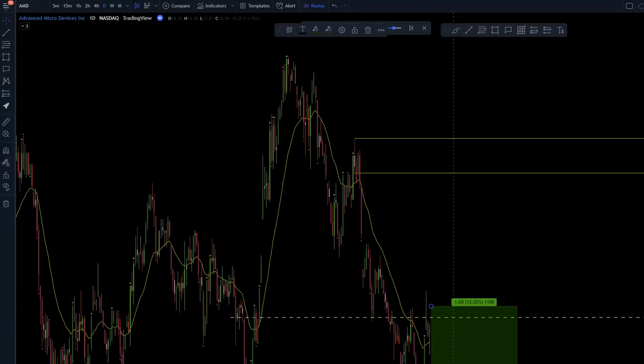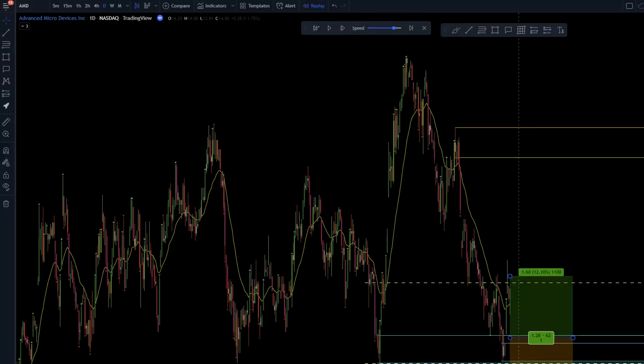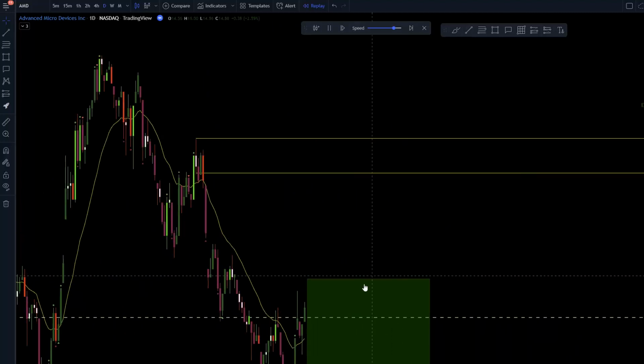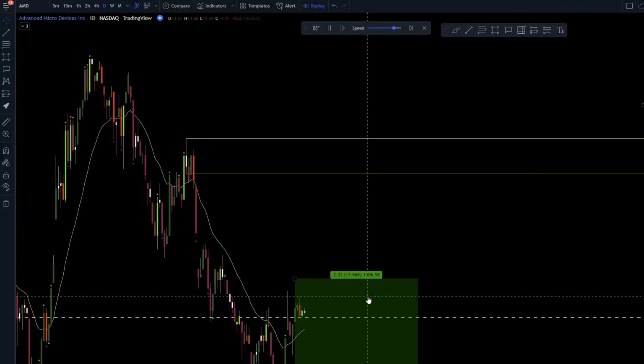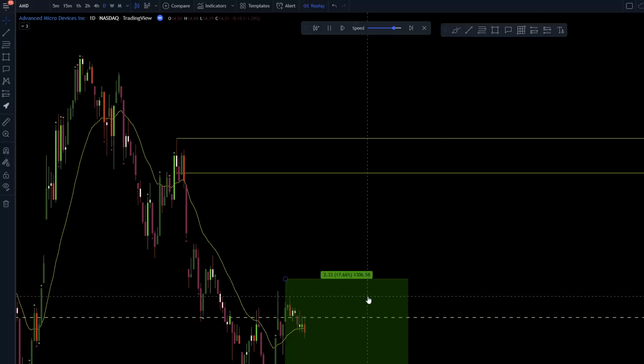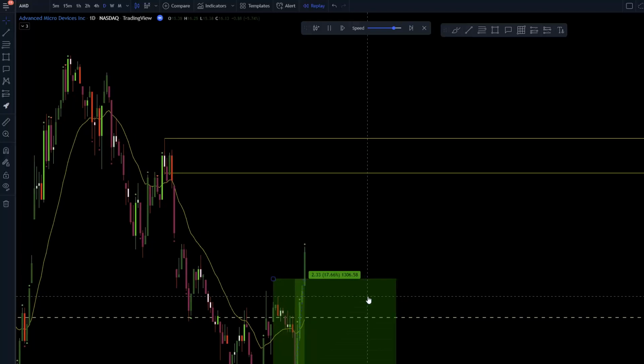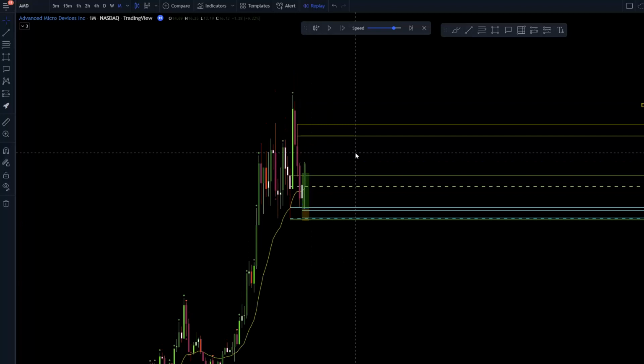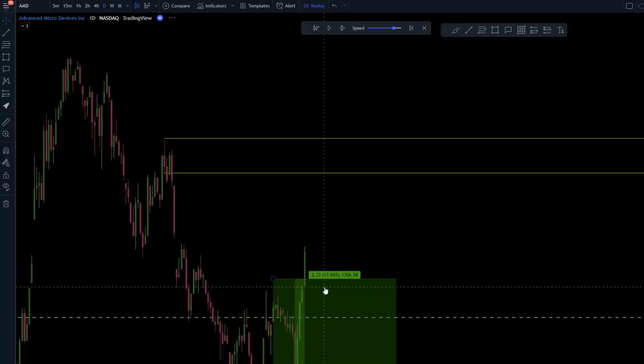Take this trade. Okay, we have success here, a 1:3 trade.